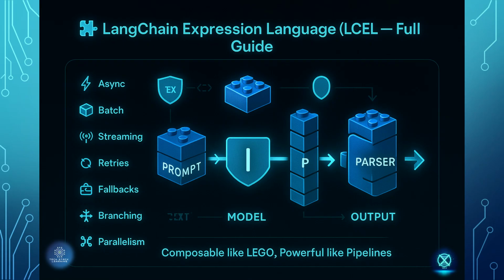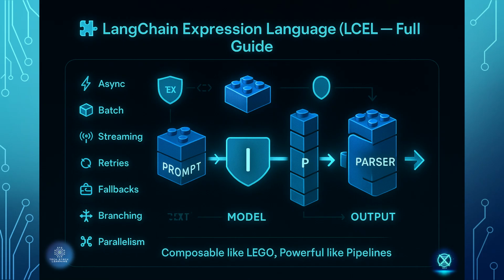So what is LangChain Expression Language, that is LCEL? It is basically a declarative, composable way to build LLM pipelines, using small blocks, or runnables, that you connect with the pipe symbol. Pipe is this symbol.